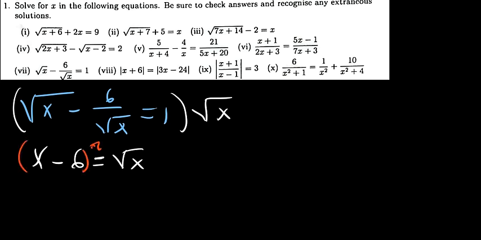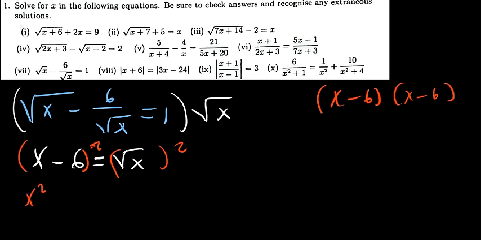So it's x minus 6 times x minus 6. x times x is x squared. x times negative 6 is negative 6x. Negative 6 times x is negative 6x. 6 times 6 is positive 36, is equal to, and the square root will cancel. I'll remain with x.